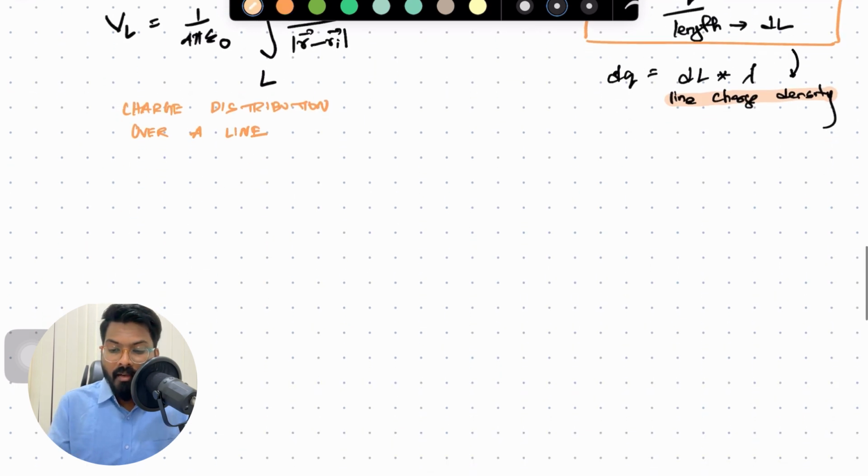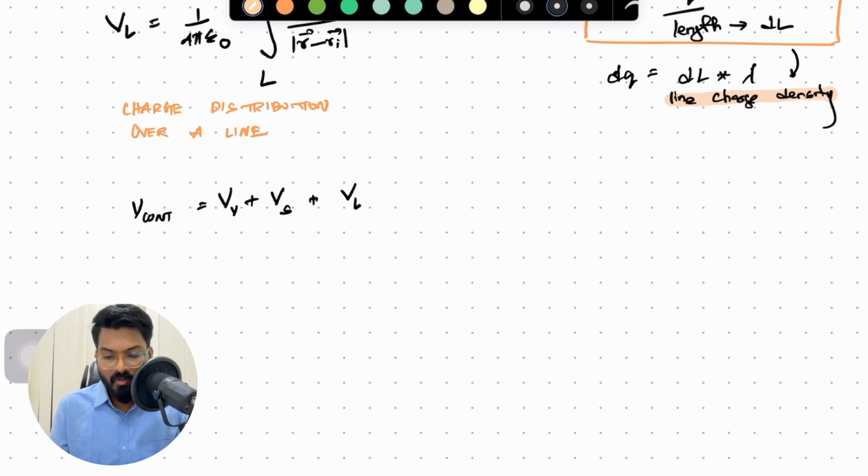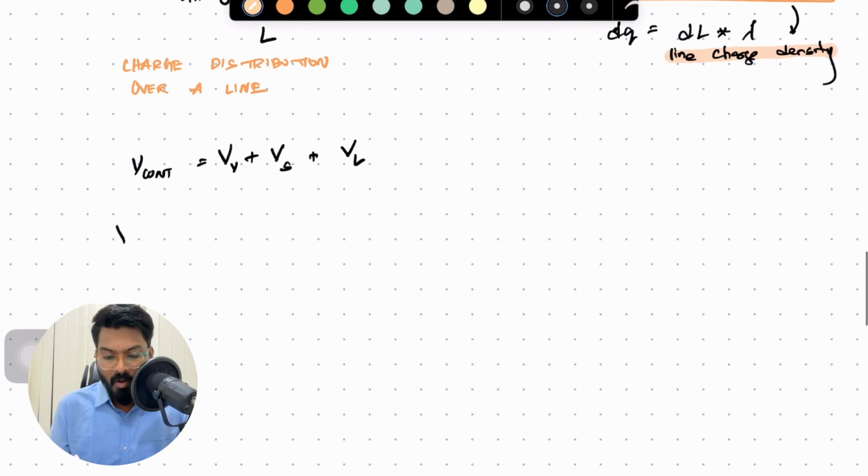Now the continuous charge distribution is going to be the summation of the charge distribution due to the volume, plus the charge distribution over the surface, plus the charge distribution over the length of the line. It is going to be 1 by 4 pi epsilon naught, the common term across.